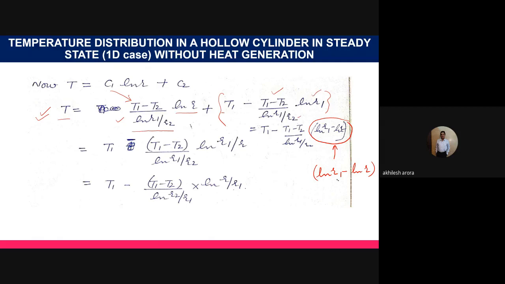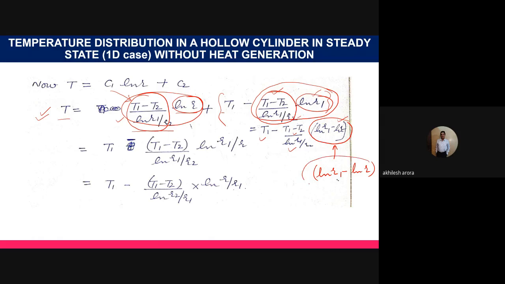And we can combine the first term and this last term here. The first part and this part are the same, the only difference is in the value of log r1 and log r. So then we get T1 minus T2 divided by log r1 by r2 into log r1 minus log r.